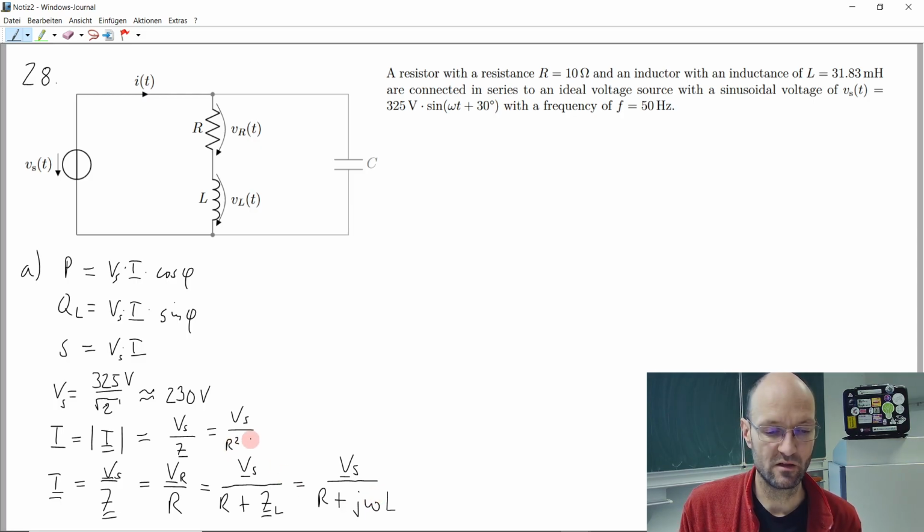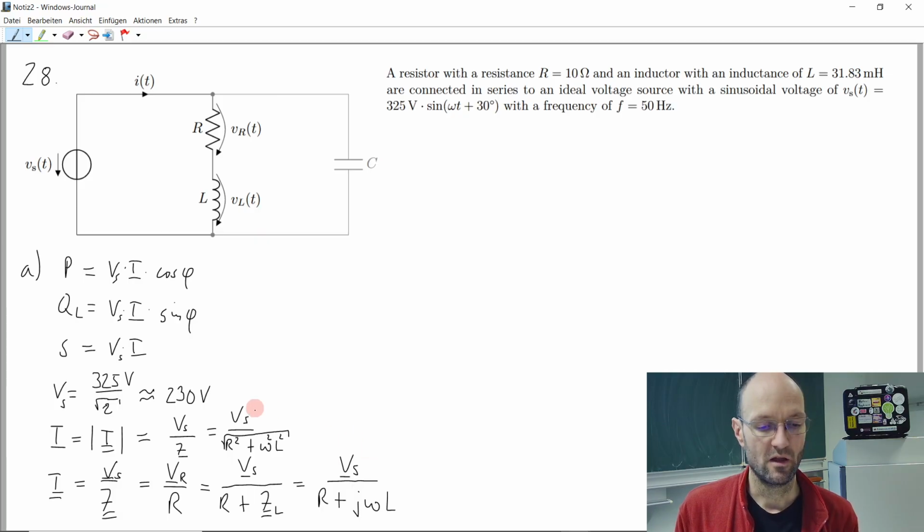Exactly, R squared plus omega L, both squared, and then the square root of this. And so by both ways, we should get either the complex current or the current as an RMS value itself.